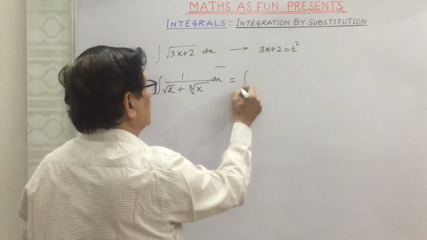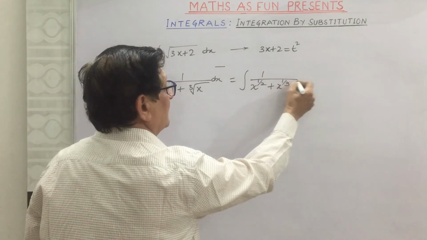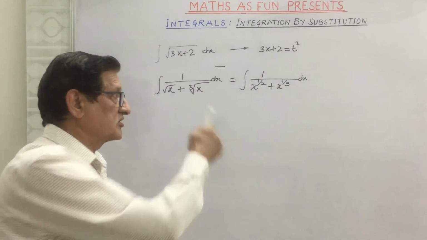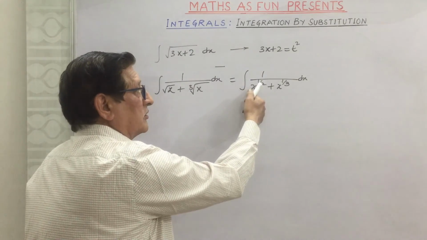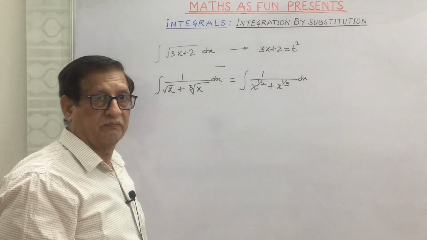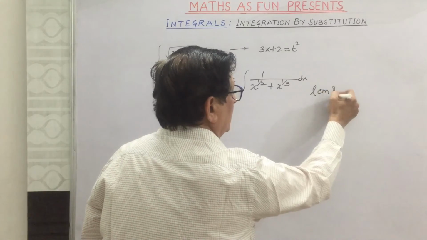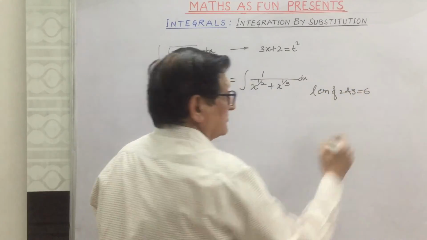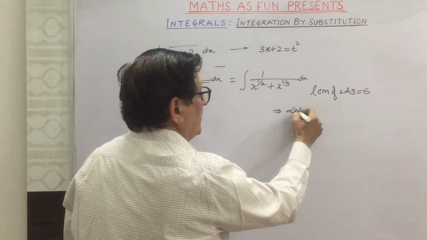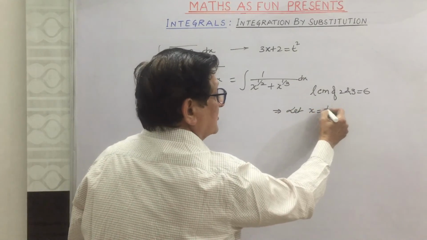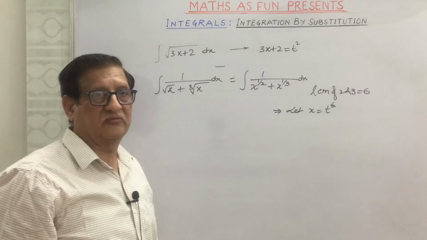Can we write this as 1 upon x power half plus x to the power 1 by 3? In such type of problem, what we can do, we will see the denominators of the powers here, that is 2 and 3. If we see the LCM of 2 and 3, that is 6. So better is, in such type of problem, we can write x as t to the power 6 to avoid the problem of radical powers.